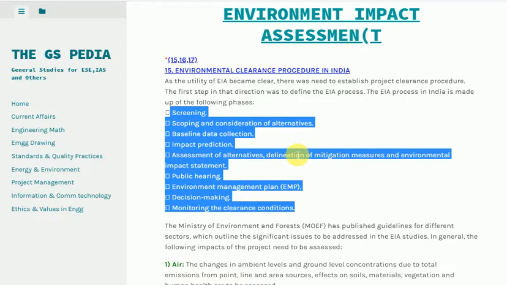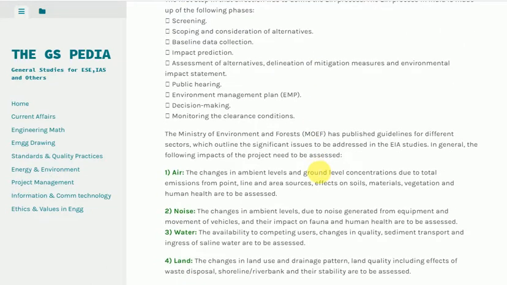The Ministry of Environment and Forests (MEF) has published guidelines for different sectors, which outline the significant issues to be addressed in the EIA studies.